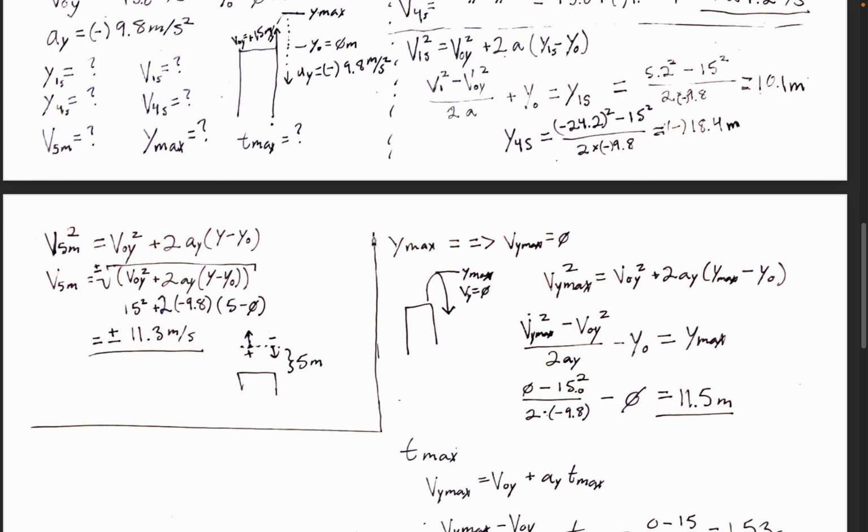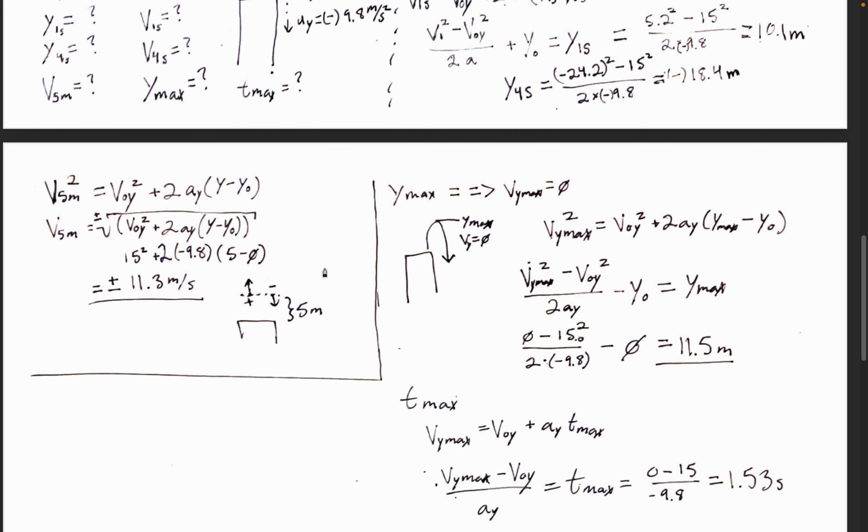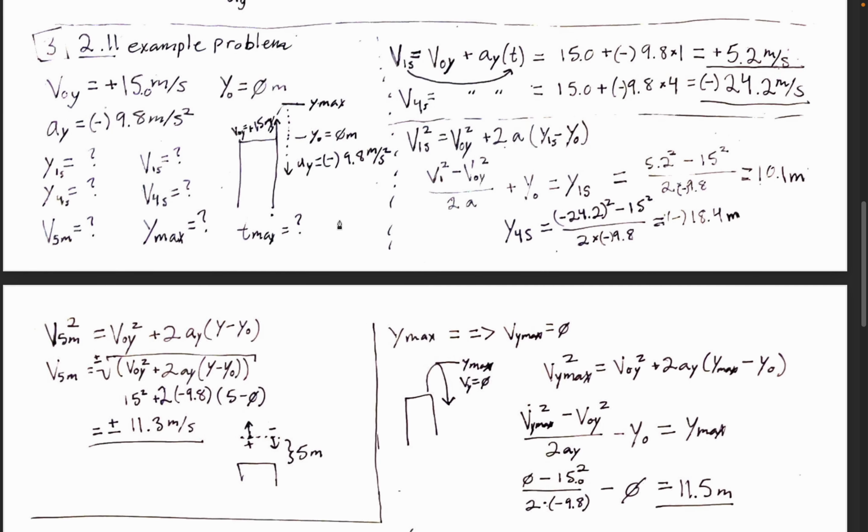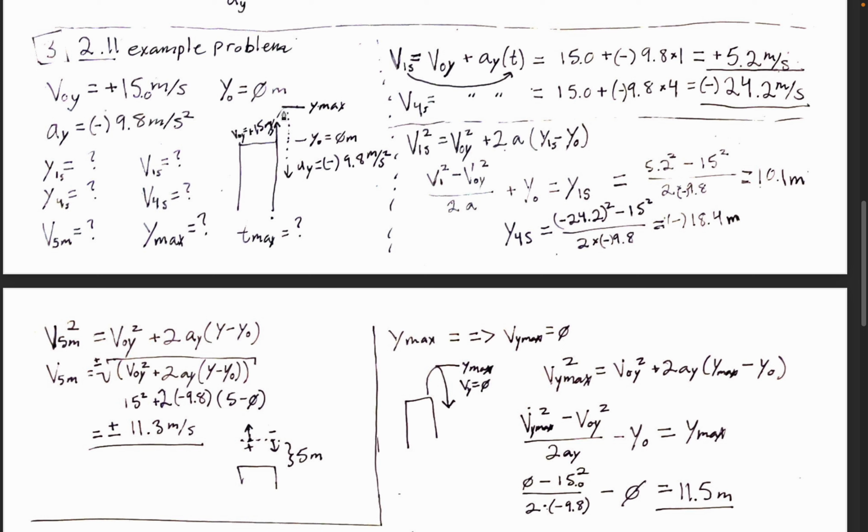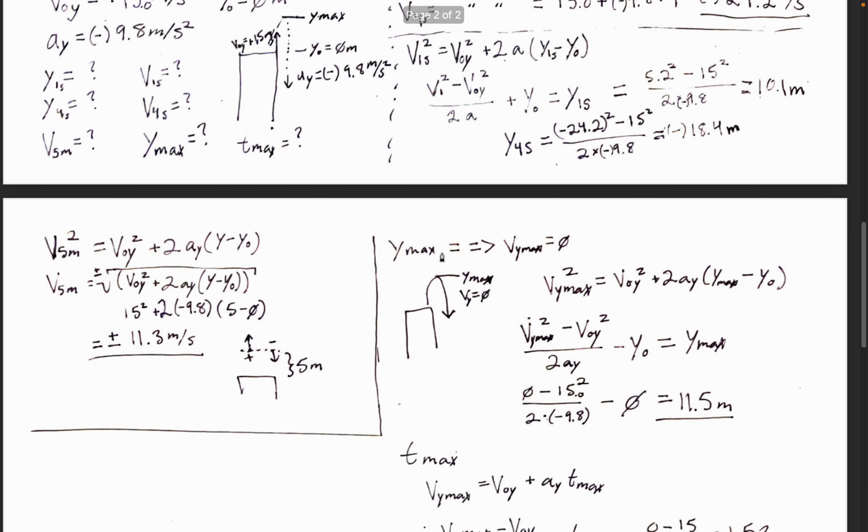Finally, we're going to look at the y value at the maximum. Now, once it gets to the top of this point and it changes directions, right? So first we are starting with a positive velocity, it goes to negative, it has to go to 0, and that's when the y is at the maximum height above the building. So at the y max, then you know that the velocity is 0.